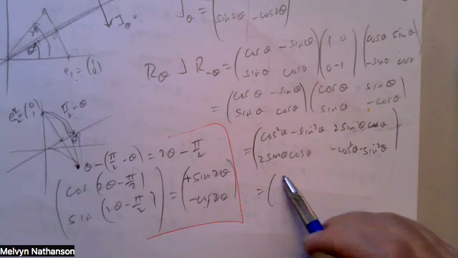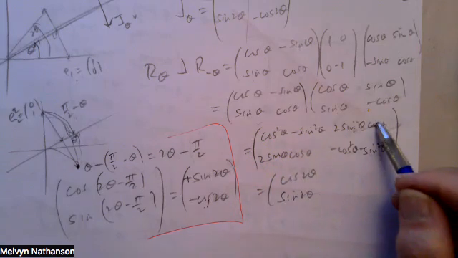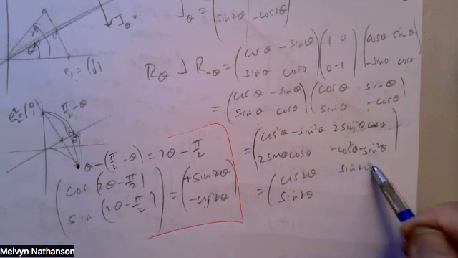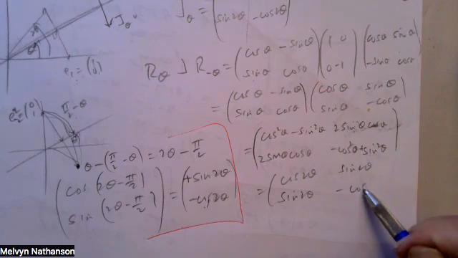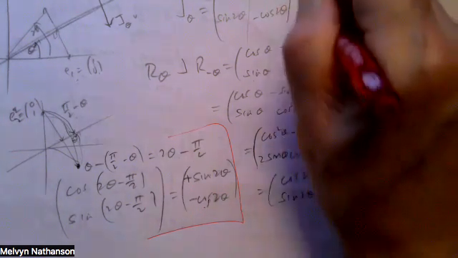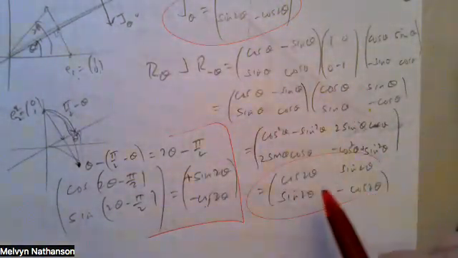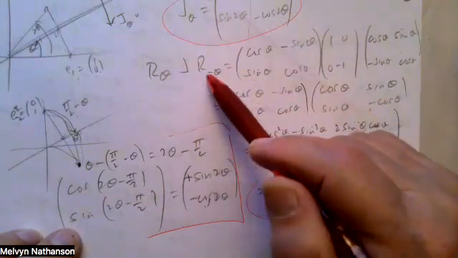And this I know is the cosine of 2 theta. This is the sine of 2 theta. This is the sine of 2 theta. And this is minus the cosine of 2 theta. So if you look at this matrix and this matrix, they're equal. So I have this representation of this as this product.